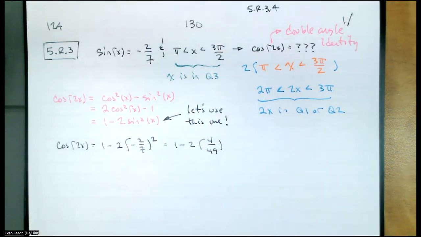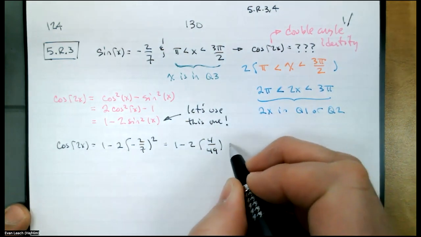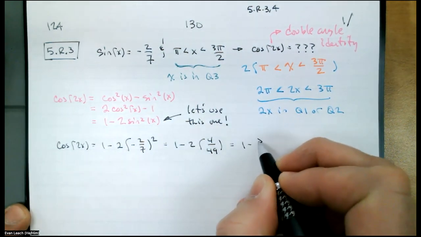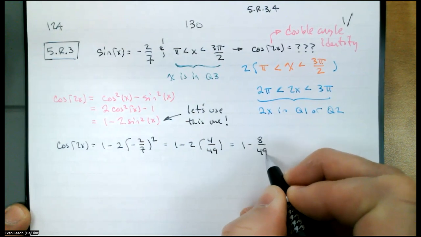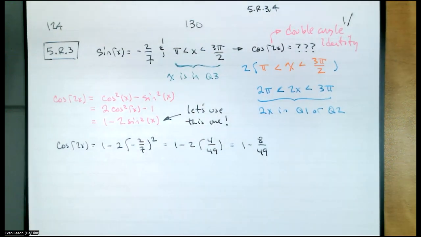And that'll be positive. And we can multiply by 2. So we got 49 49ths minus 8 49ths will give us 41 49ths.